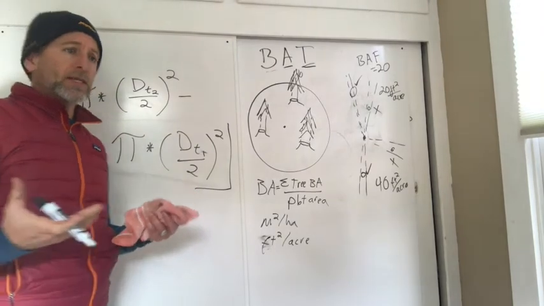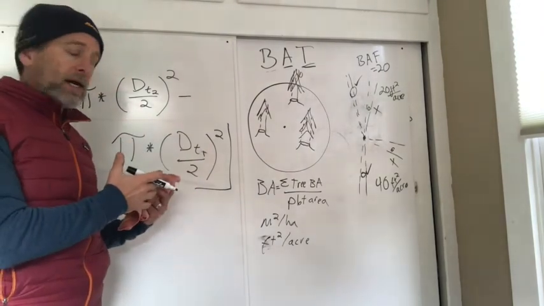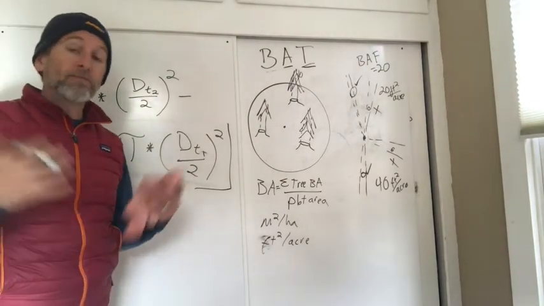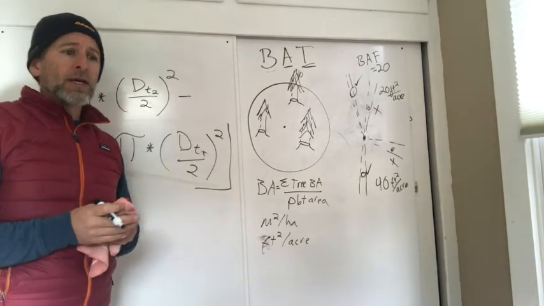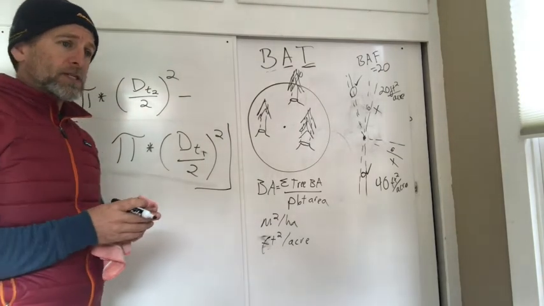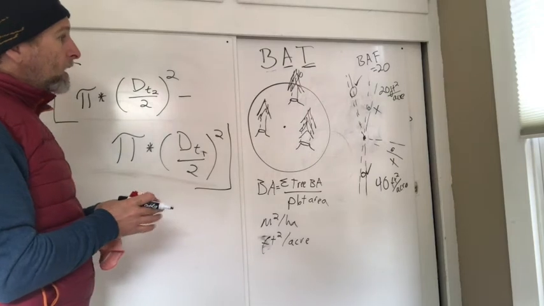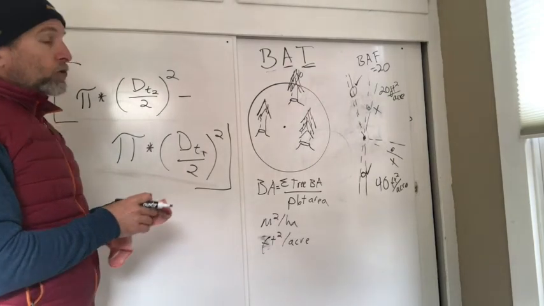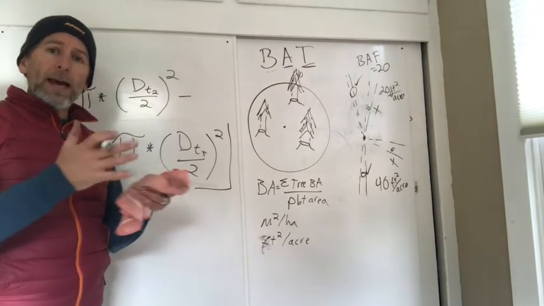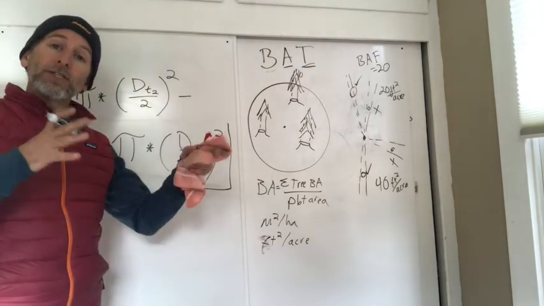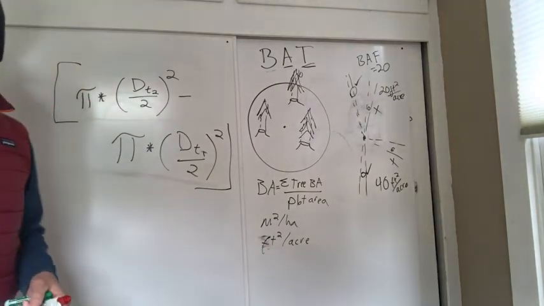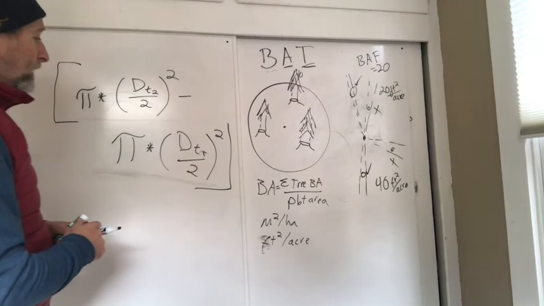So you can estimate this using increment cores going back in time and estimating what the previous basal area per land surface area was, and then compare it to what the current basal area per land surface is currently. So you can either estimate that using an increment core, or you can come back at multiple points in time. So if you've measured a plot at one point and then you come back at a second point, you can see how that basal area index has changed.